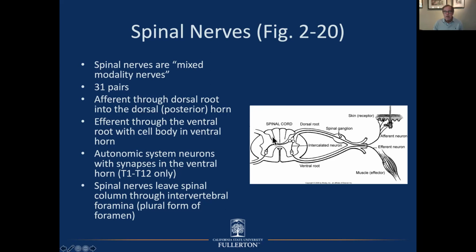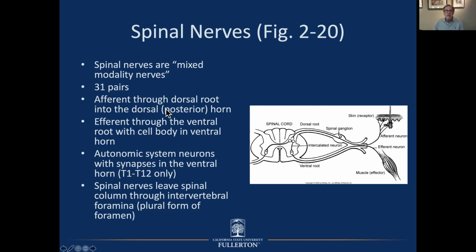It's myelinated fibers. There are no cell bodies. And therefore there are no synapses. All the cell bodies and synapses that occur in the spinal cord take place in its H-shaped spinal gray matter. Some of them in the dorsal root, some of them in the ventral root.